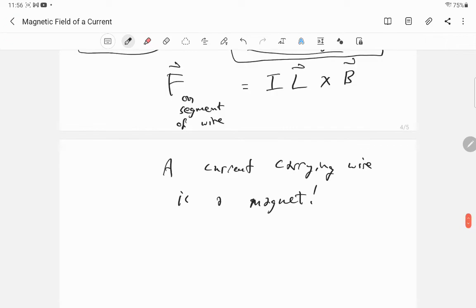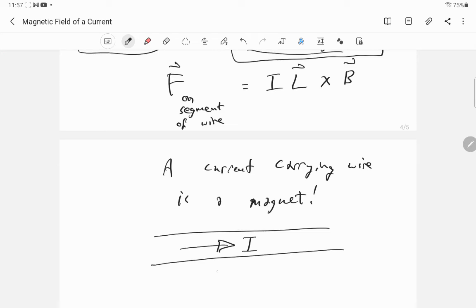But a current carrying wire, even though you might have a current running down this wire, there is no net charge anywhere. So what this means, right, is everywhere you look and you find a proton, you find an electron. It's just that the electron happens to be flowing down the wire.